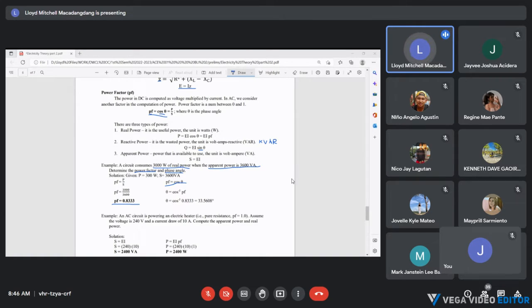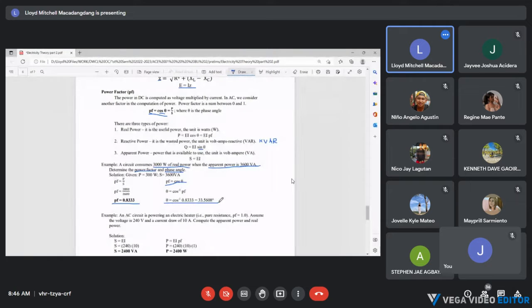So yan, nakuha na natin yung phase angle. Naka-radian lang, so degrees. So yan, 33.56 degrees yung phase angle. So question dito sa example 1.